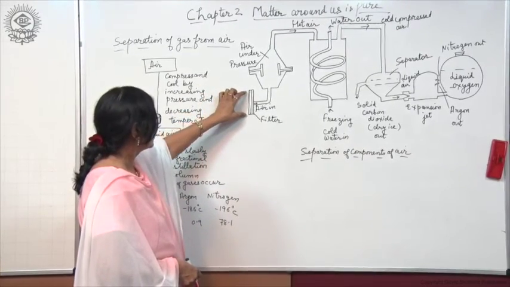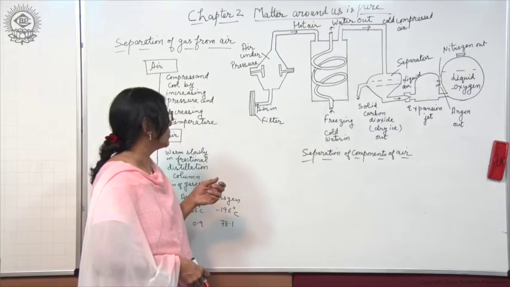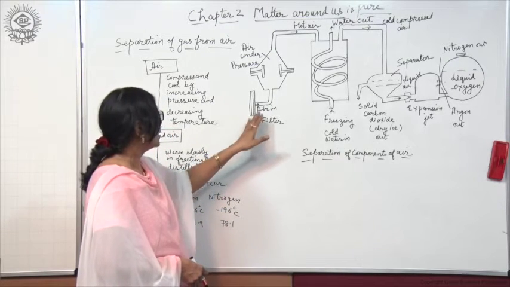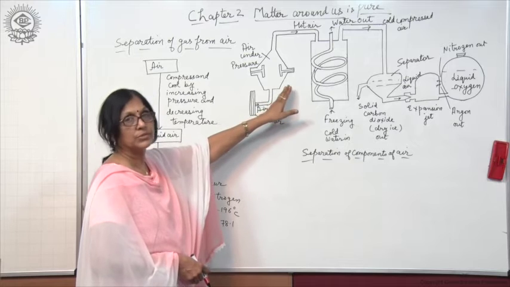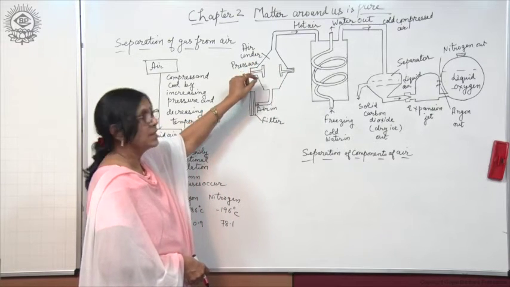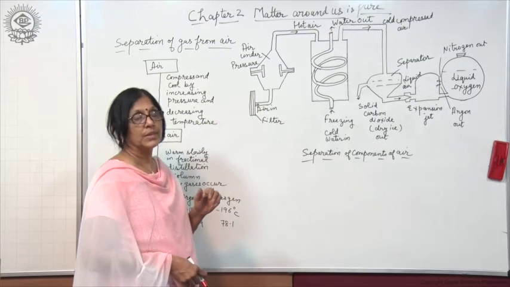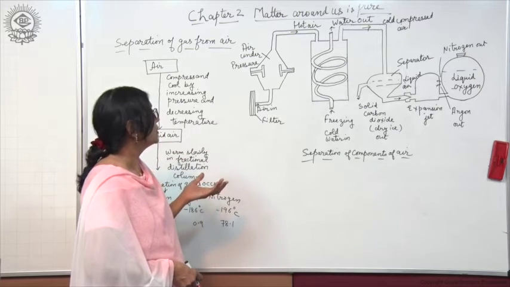Now here, this is a filter to filter out the impurities from air. The filtered air is then passed through this part where air is compressed by these pistons at high pressure.